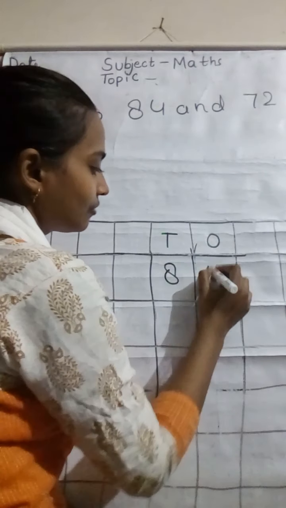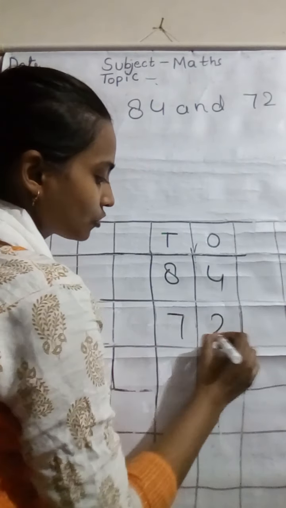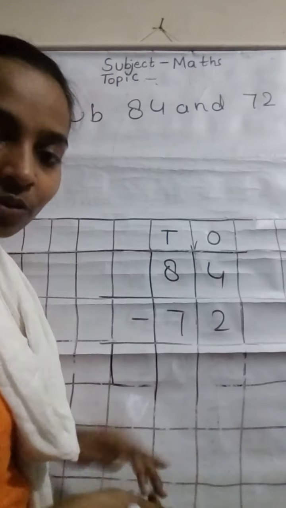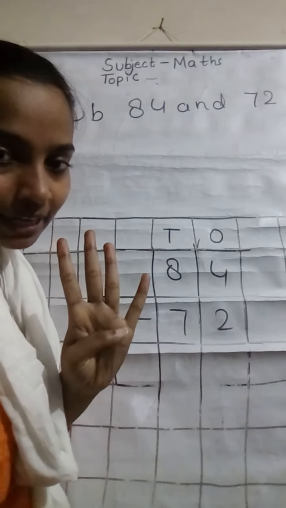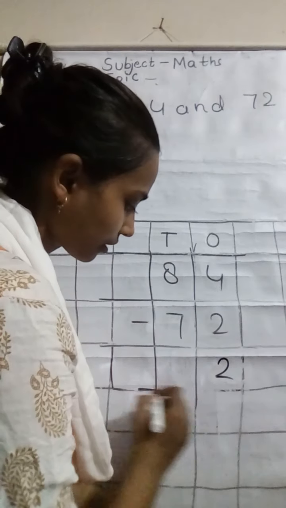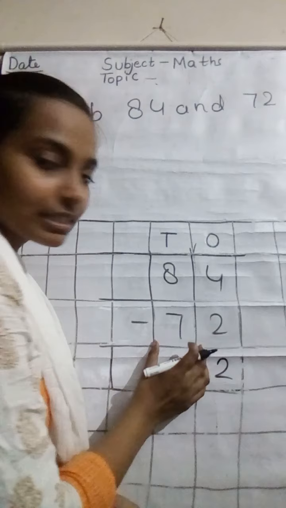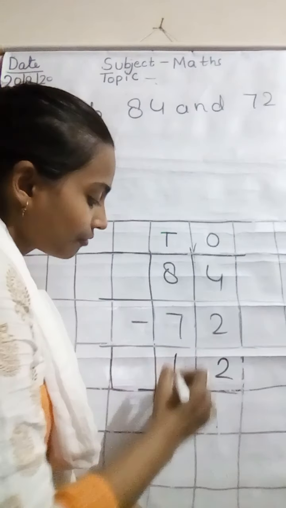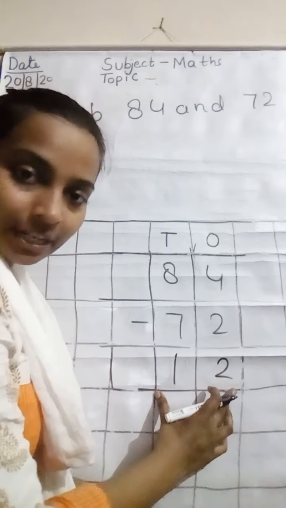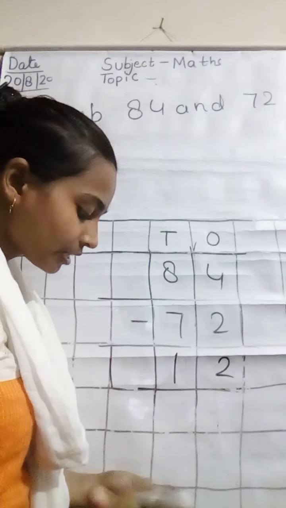Here is 84 and 72. 4 minus 2, orally, how many? 2. Now 8 minus 7, orally tell me? 1. So what is the difference? 12, right?